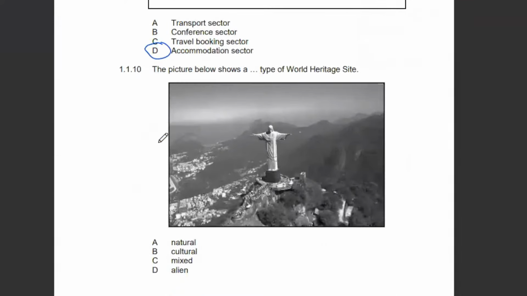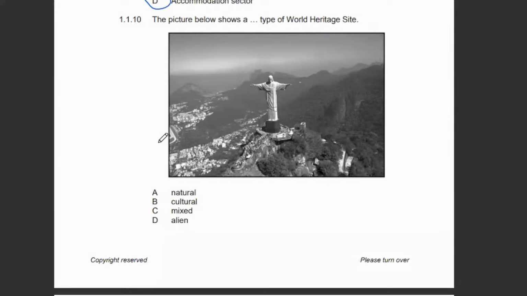Now let's look at another question, which requires us to provide a detailed description of the icon which appears below. Question 1.1.10: the picture below shows a type of World Heritage Site. We need to determine the category of the World Heritage Site.